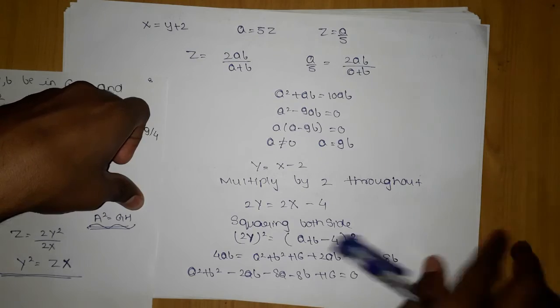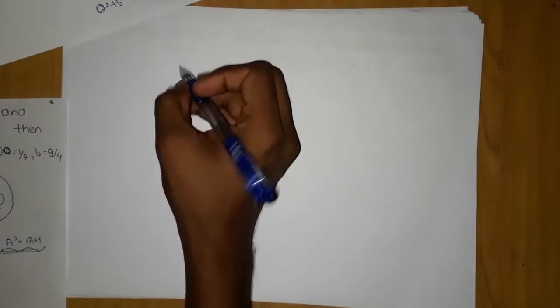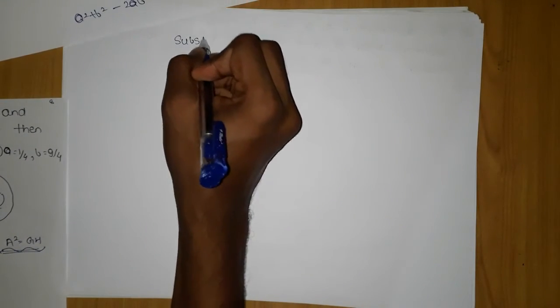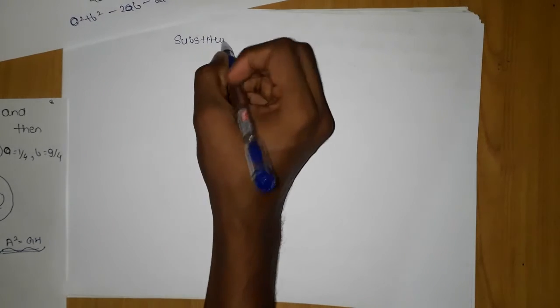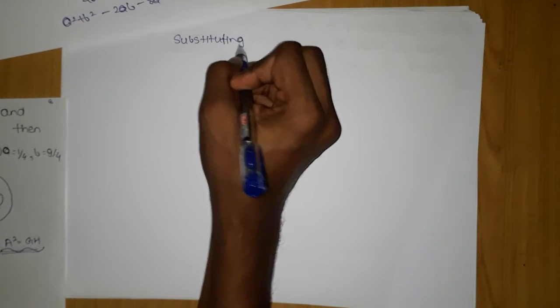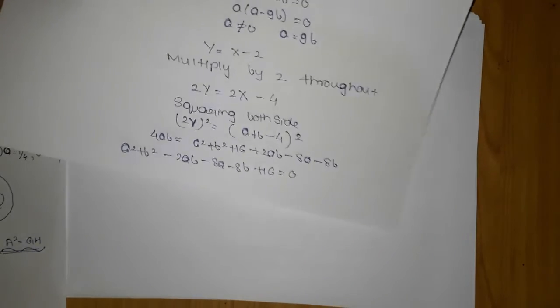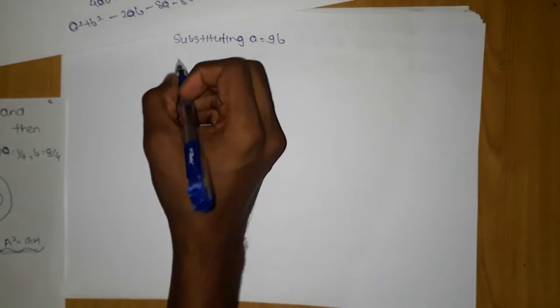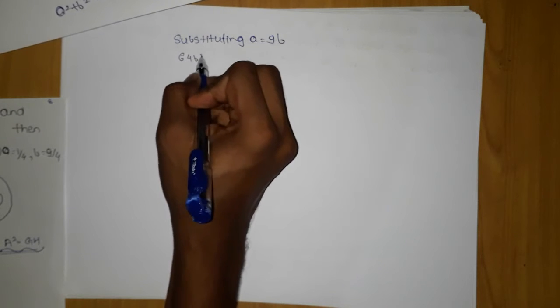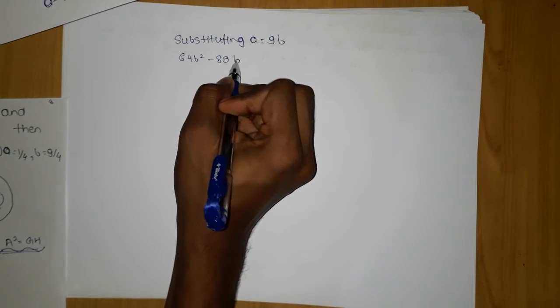If I solve this, what are we getting? Solving by substituting a equals 9b. What will happen if I substitute: we will get here 64b square minus 80b.